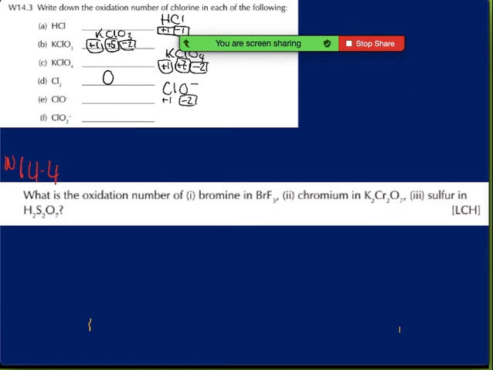I have to have one negative left over, makes chlorine +1. And in ClO2-, oxygen -2, 2 of them -4. I need to have one left over, -3, makes chlorine +3.